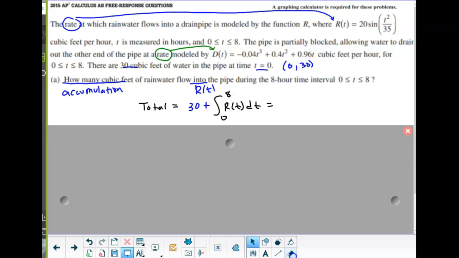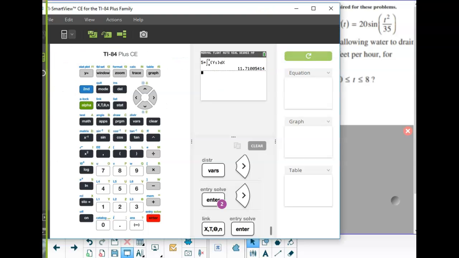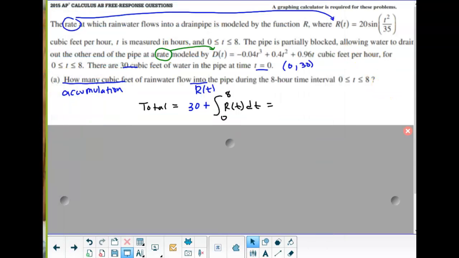We will be using R of t multiple times, so that's the importance of putting it into y equals. So go ahead and let's enter R of t in for y1. And while you're at it, go ahead and put the D of t in y2. So put the other rate in y2.